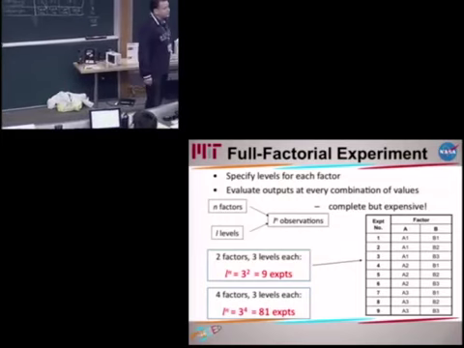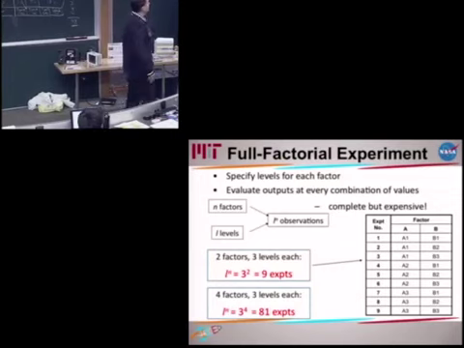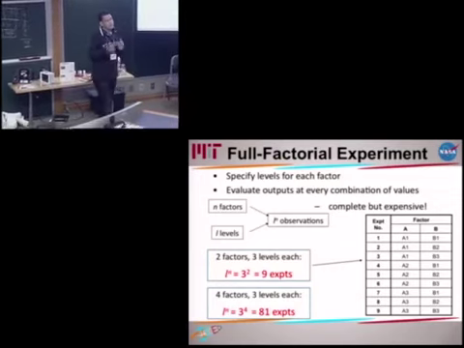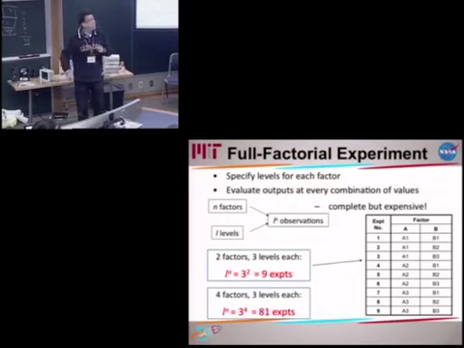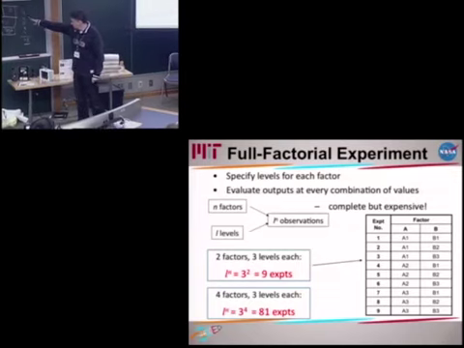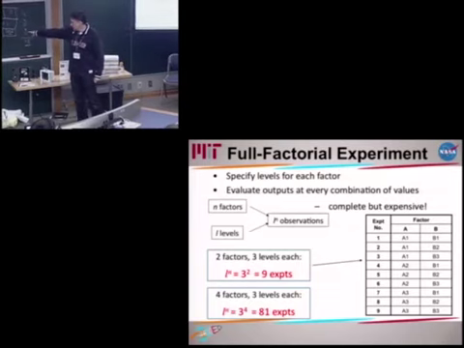So how many observations do you need for full factorial? Under the assumption that all your factors are subdivided in the same number of levels, so n factors, in this case we had 3, right? And L levels, so here it's not quite the same math because we had 4 levels and 4 levels and 3.